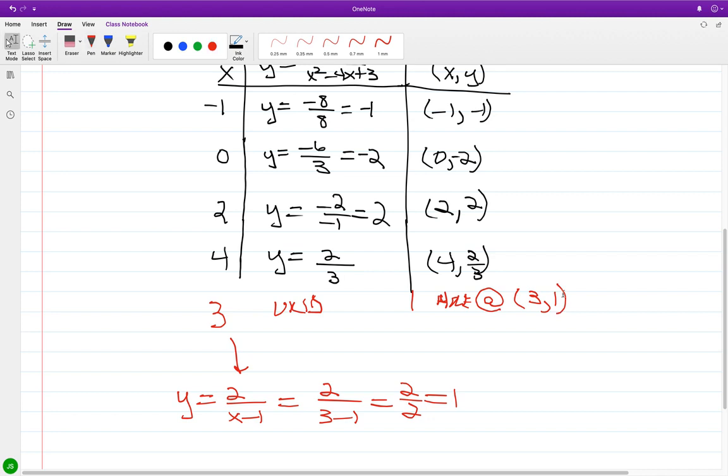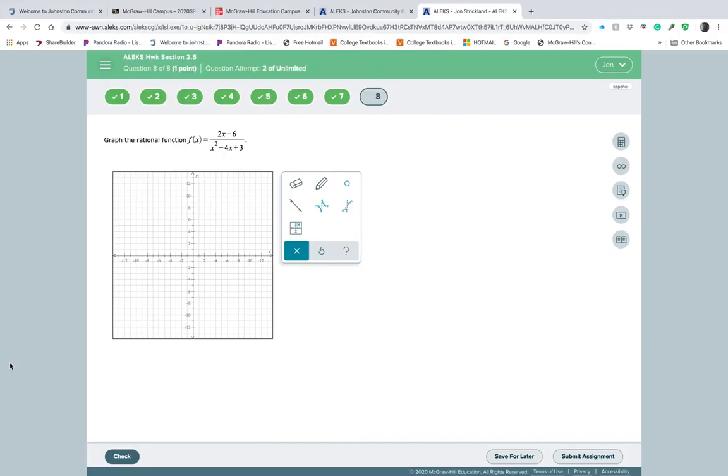And trying to apply what we have for the graphs. So you have a hole located at (3, 1).